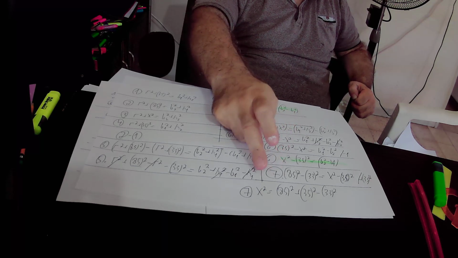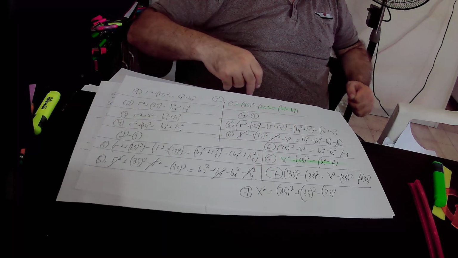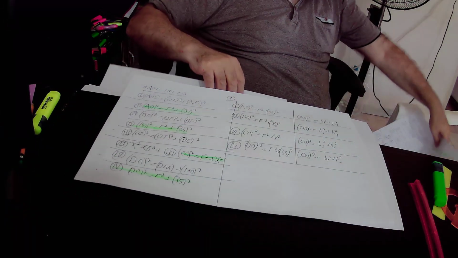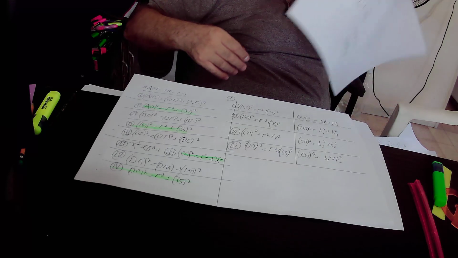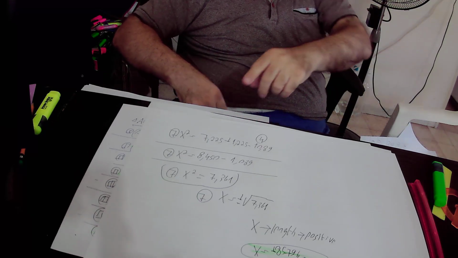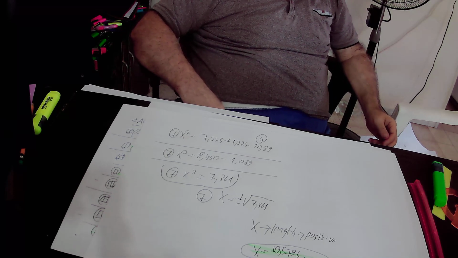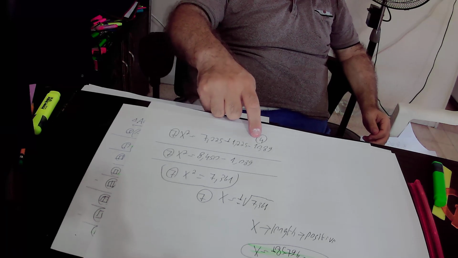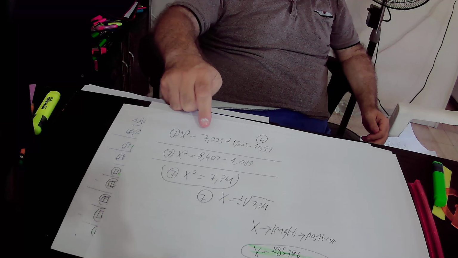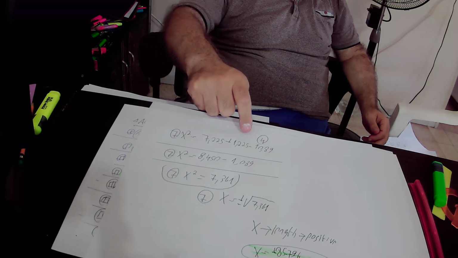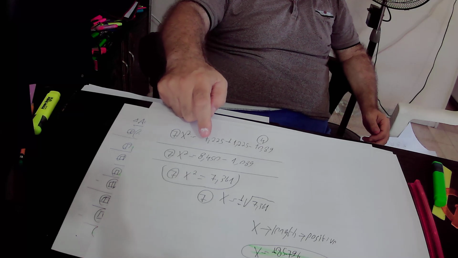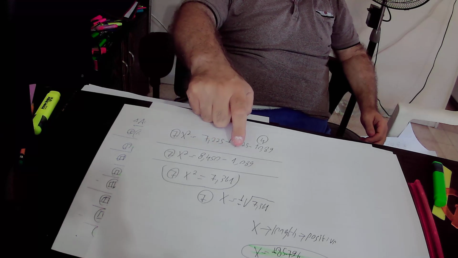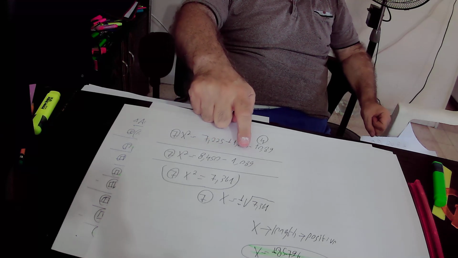Then we opened the brackets on this side of equation number 7, and we found out that x squared equals 7,225 plus 1,225 minus 1,089. 7,225 plus 1,225 equals 8,450 minus 1,089.